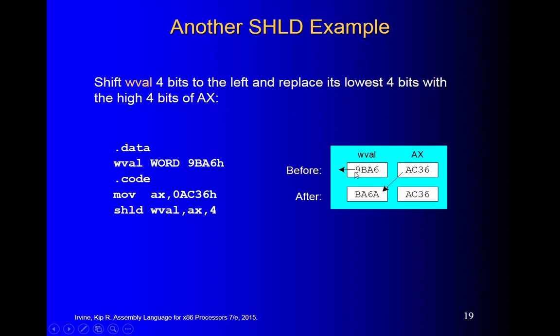One digit of this will get off. So we have BA6 left over. We have an opening space. The opening space will use the most significant bits from AX. So that's the answer. AX will stay the same before and after the shifting because the source won't be affected by the shifting instruction.